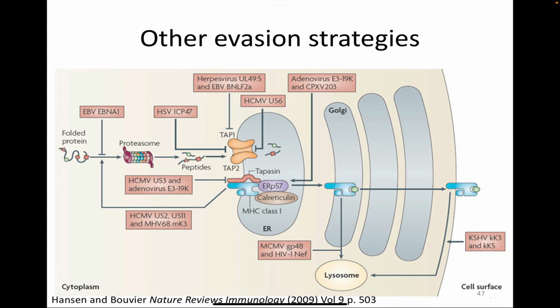Like if you block TAP, not only are you going to make it so that your own personal virus proteins can't get on MHC class 1, you're going to make it so self proteins can't get on MHC class 1 either. Similarly, if you pull MHC out of the membrane here or here, you're stopping presentation of self proteins and you're stopping presentation of non-self proteins. And so what I want you to see is that some of these things would completely stop presentation of all self proteins.